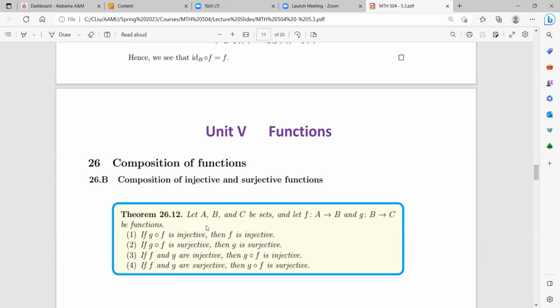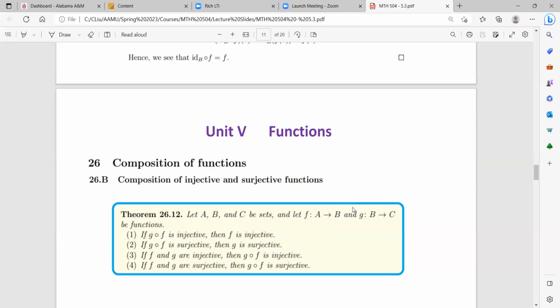So suppose we have three sets A, B, and C, and f is defined from set A to set B, and the function g is defined from set B to set C. So you can see the codomain of f is the domain of g. That means we can actually do the composition of the two mappings or the two functions.